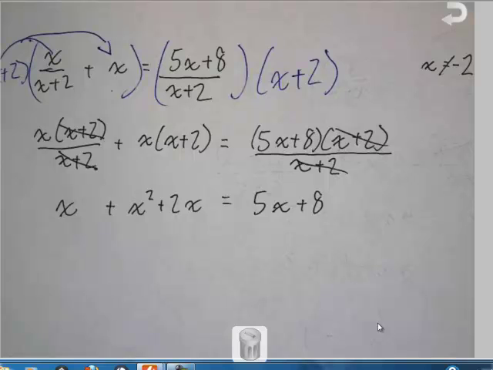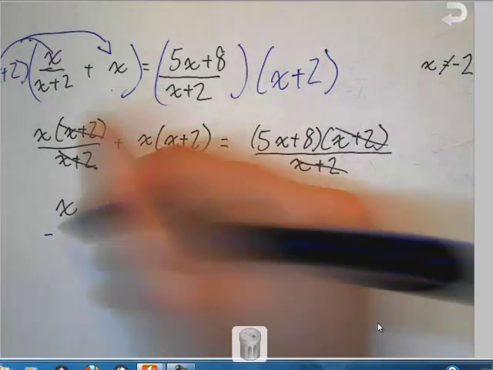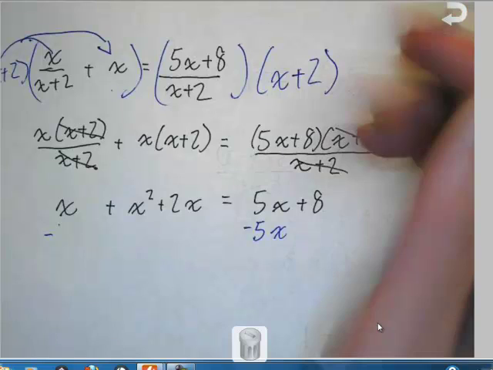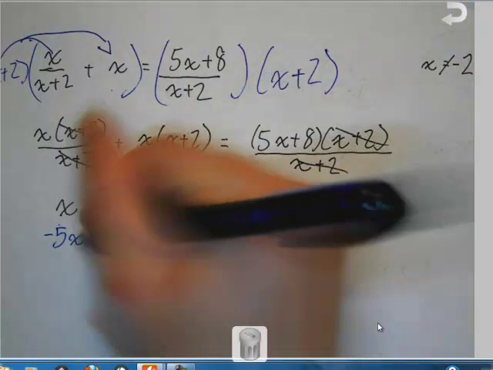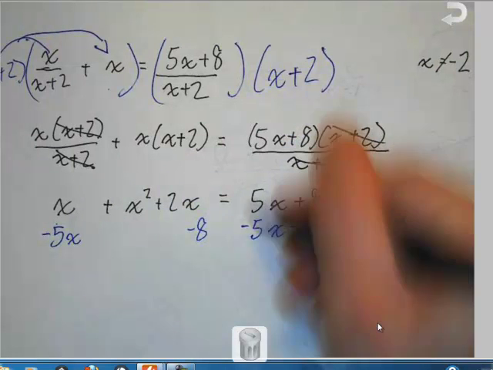Great fun. So, just to make our lives easier, we're going to move everything over to the left, so we're going to subtract 5x from both sides. Well, we can combine like terms, but we'll deal with that in a sec. So, minus 5x here, minus 8 here, minus 8 here. This cancels, this cancels.